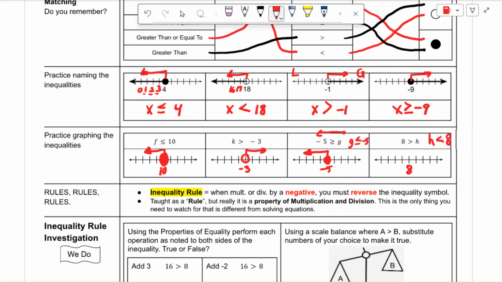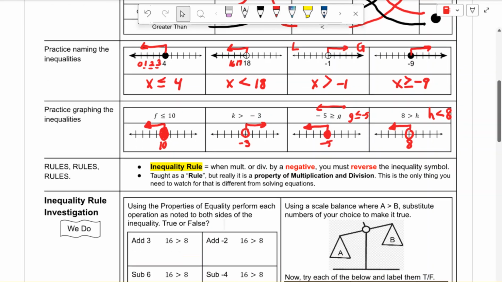So then we'll put an 8 here. This will be an open point, and it says that h is less than, so it's going to go to the left. All right, so we got good reminders about what the inequality signs do, if they're closed or open, how to read a graph, and how to make a graph.